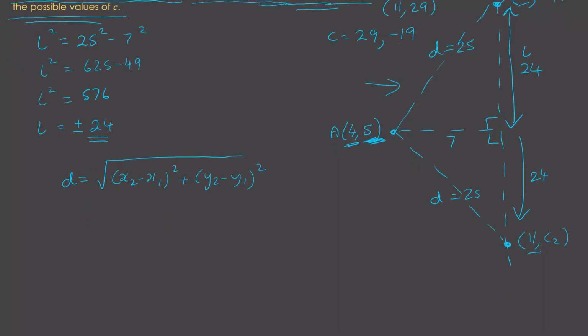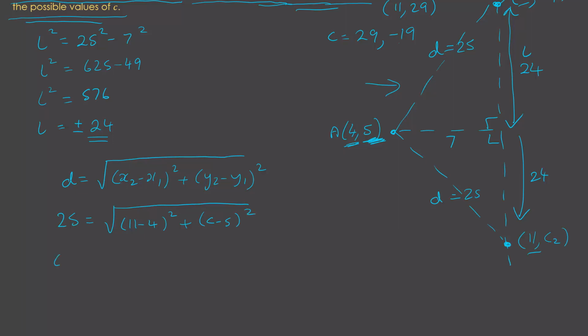So what I get there is 25 is equal to the square root of (11 take away 4) squared plus (C take away 5) squared.